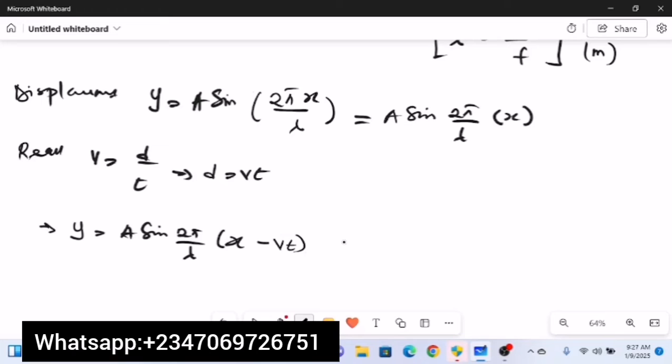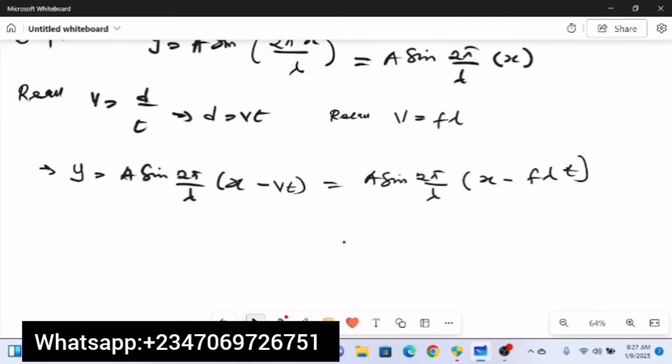Now you recall that we said earlier that velocity is actually frequency multiplied by wavelength, which is lambda. So you can rewrite this equation simply as A sine of 2 pi all over lambda multiplied by x minus, in place of velocity, frequency times lambda multiplied by time t.